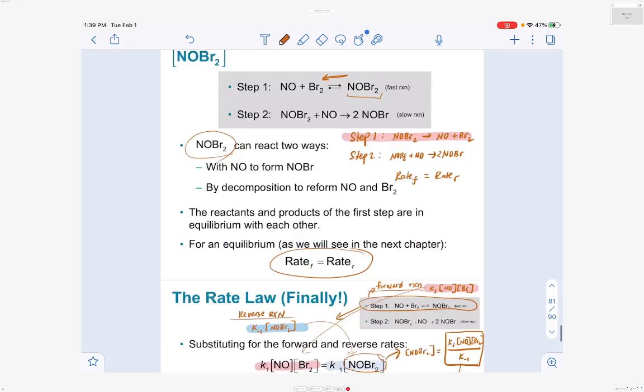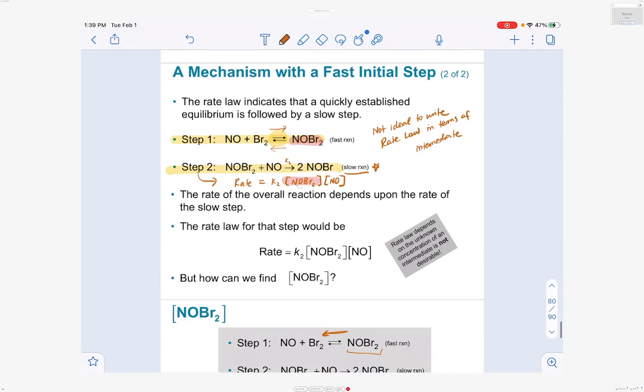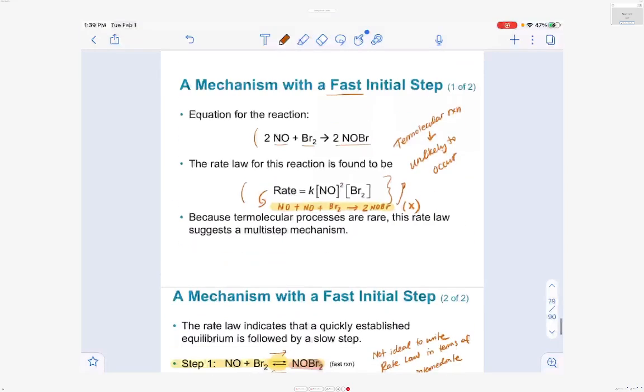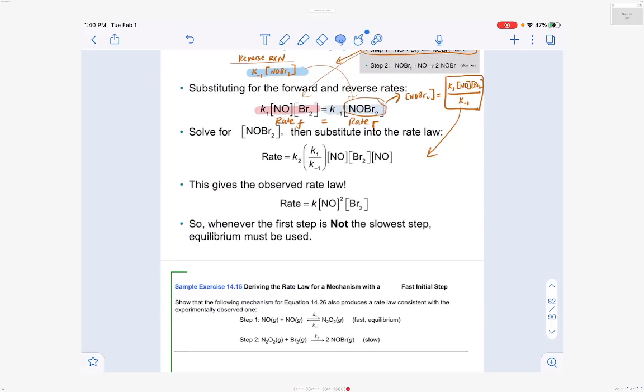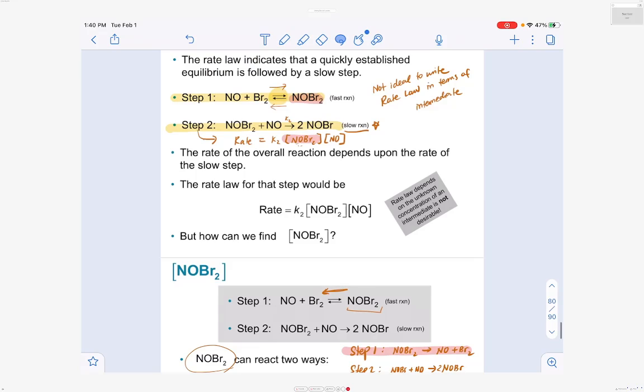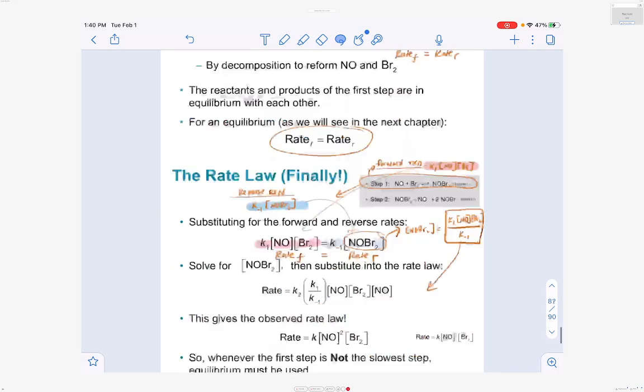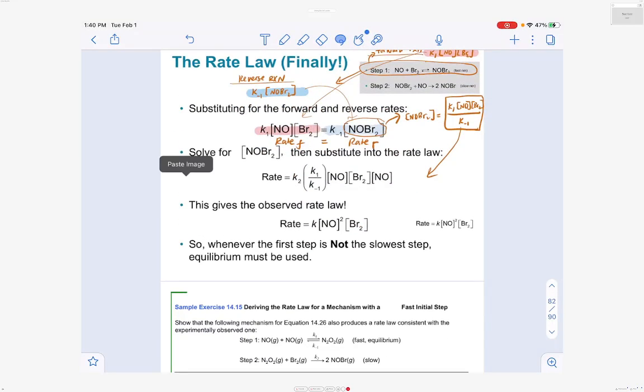If you already forgot the original rate law, the overall rate law that they provided was this. It's already here. This is the rate law that was provided. And then what we've been solving is this.